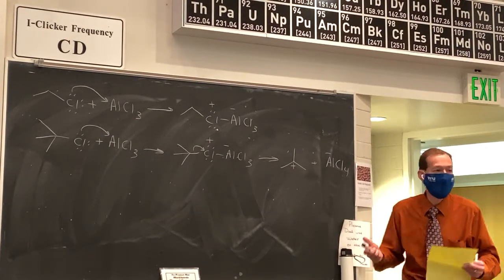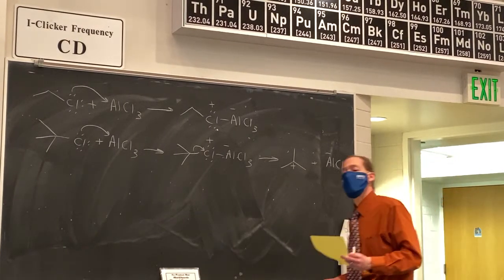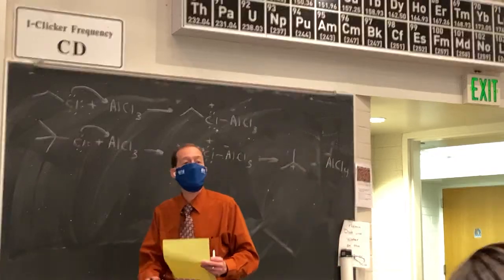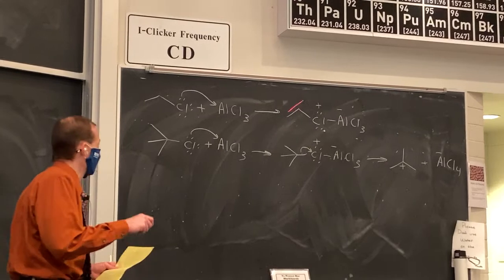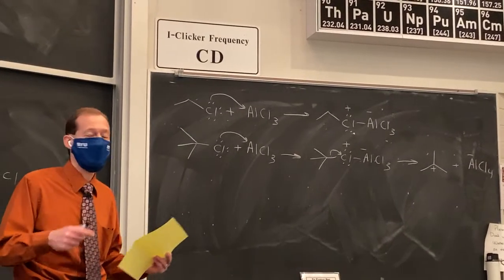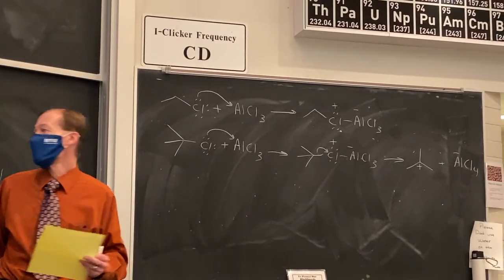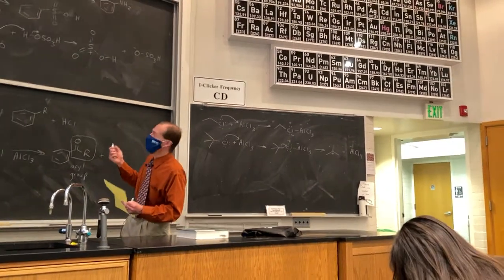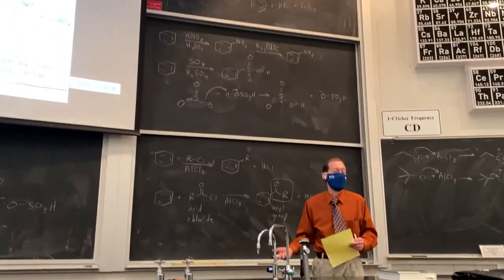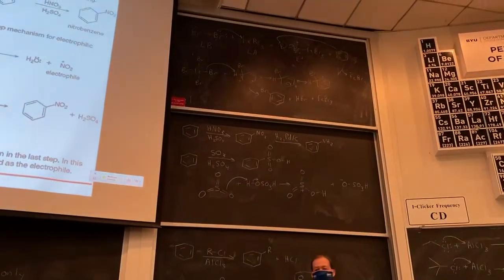But if it's a primary alkyl halide, the primary carbocation would be too high in energy to form. So instead, the Lewis acid Lewis base complex is directly attacked in the same way that the Lewis acid Lewis base complex is attacked in the halogenation reaction.